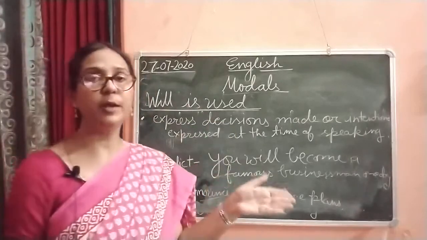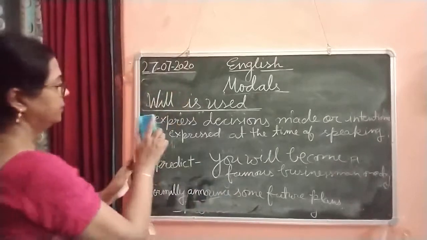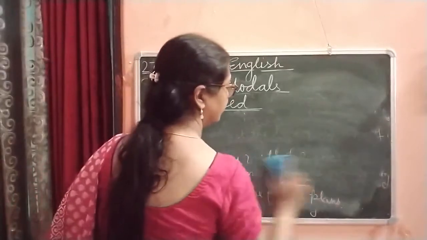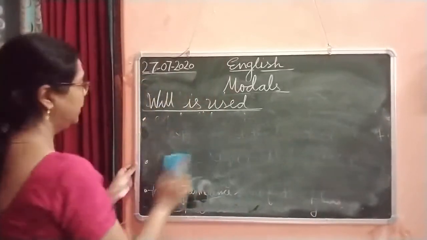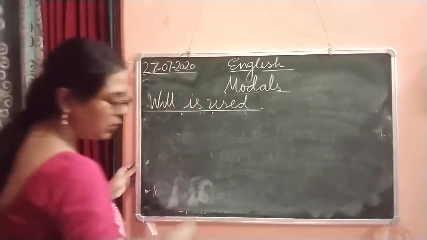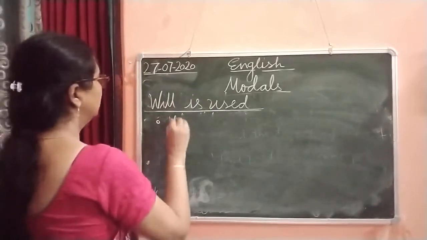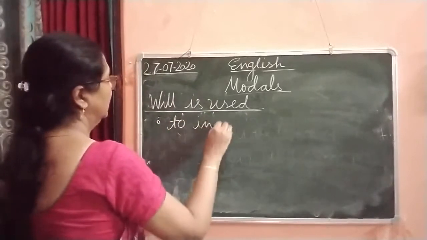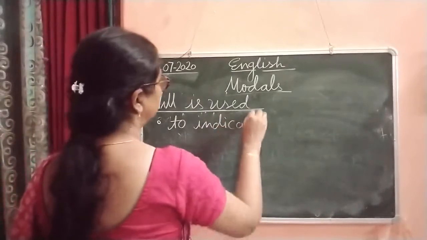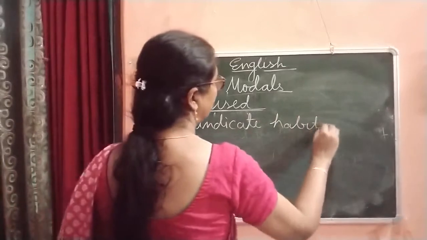One more point is also left. I am going to write it over here. The use of will: the last point, to indicate habits and characteristics.